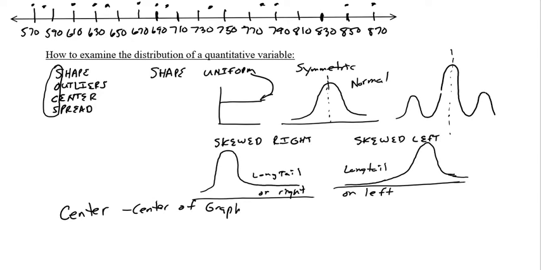And the spread, again, for right now, we'll have more sophisticated ways of measuring spread. It's just how spread out is our data. For now, we're going to talk about what's called the range, which is just the lowest to the highest. That is what we're going to use as spread for now. Okay? And the last thing is outliers.